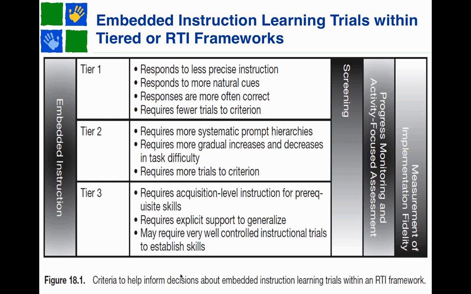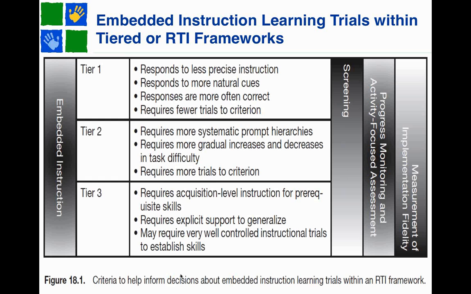Where there's a lack of fit, instruction occurs, and instruction can either alter the learning environment or the child's capacity to interact with the environment. We make our instructional decisions through direct measurement of the learning opportunities and the child's responses to those opportunities.